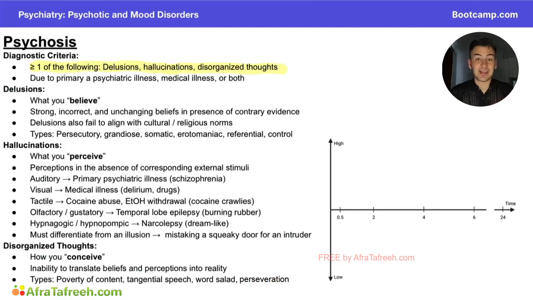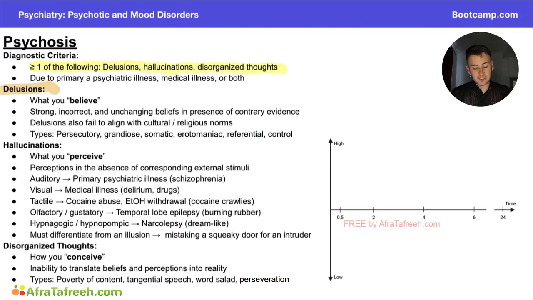Someone on drugs can technically be psychotic. Someone who's in the ICU and is very confused or has delirium can also be psychotic. So you have to get used to thinking of psychosis as a set of criteria rather than an underlying illness itself. I think of psychosis as a symptom of something else, not a disease process in itself. So I want to break down all the different parts of these qualifying criteria of psychosis. I want to give you guys a little mnemonic, and this goes over each of the different types.